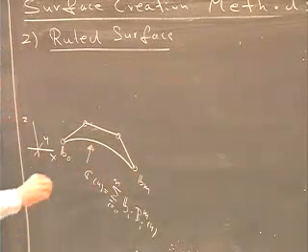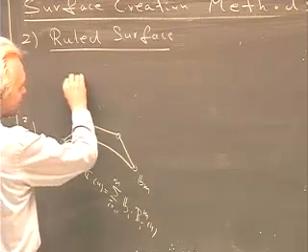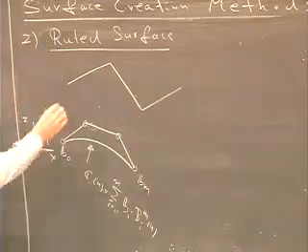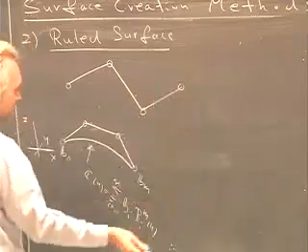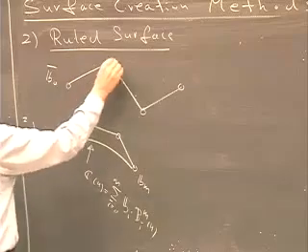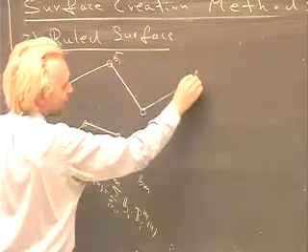And then the user would specify a second control polygon, like that. I would call this B0 bar, B1 bar, B2 bar, and B3 bar.